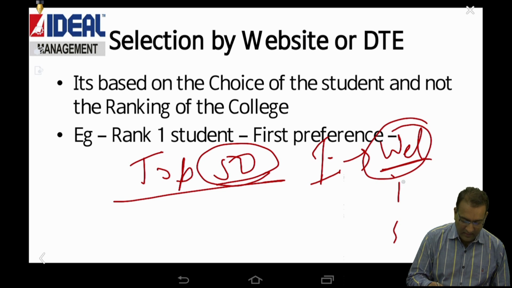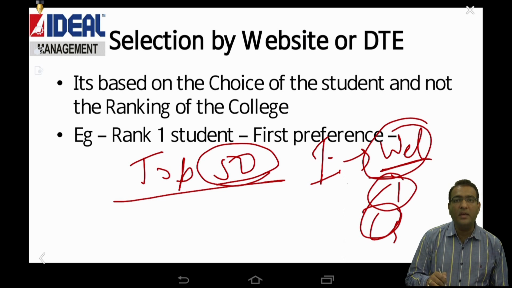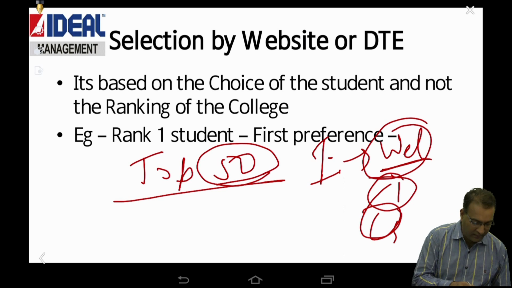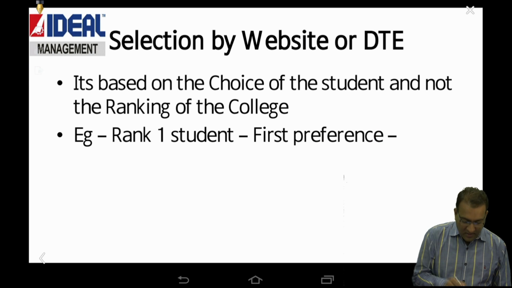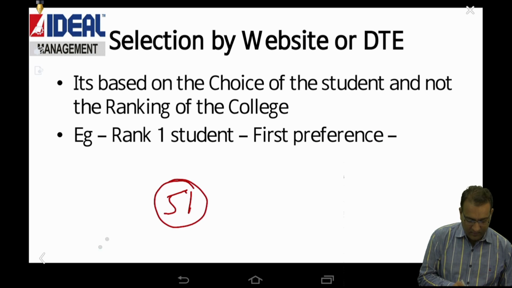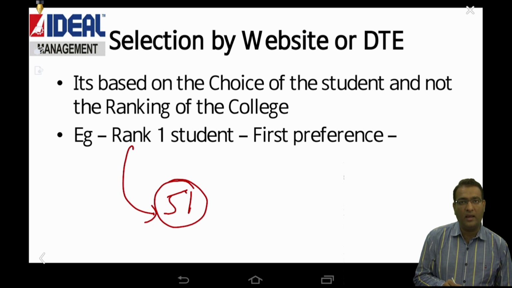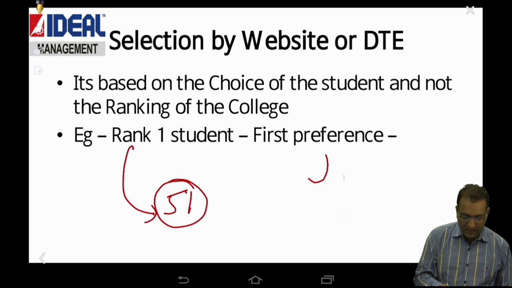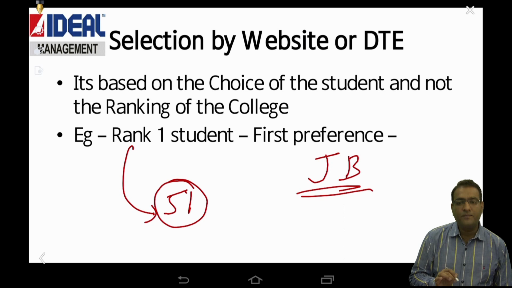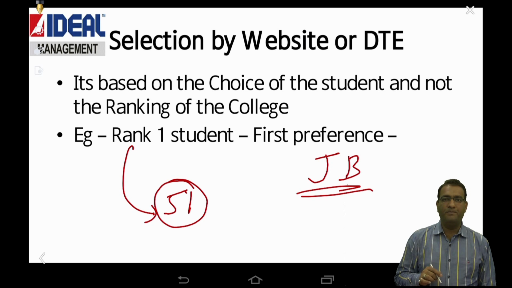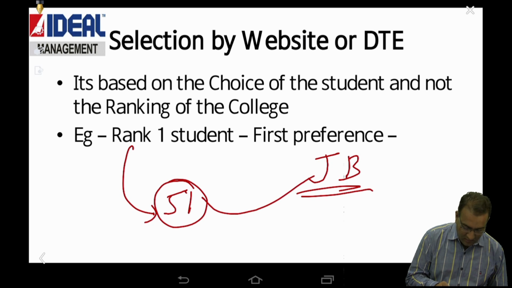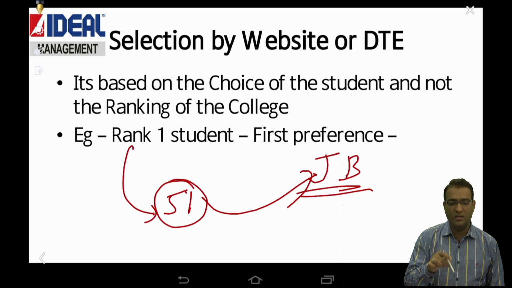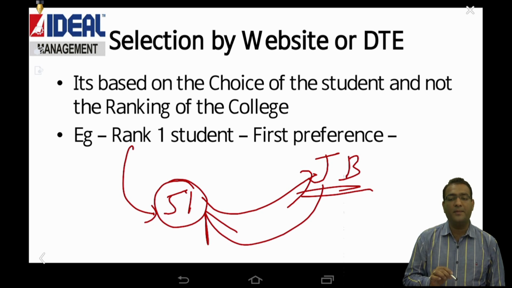The system will give them Welingkar. So my first 50 students have got Welingkar. And the person with 51st rank puts in JB as the first choice. So what will the system do? It will give JB's first seat to this 51st rank.